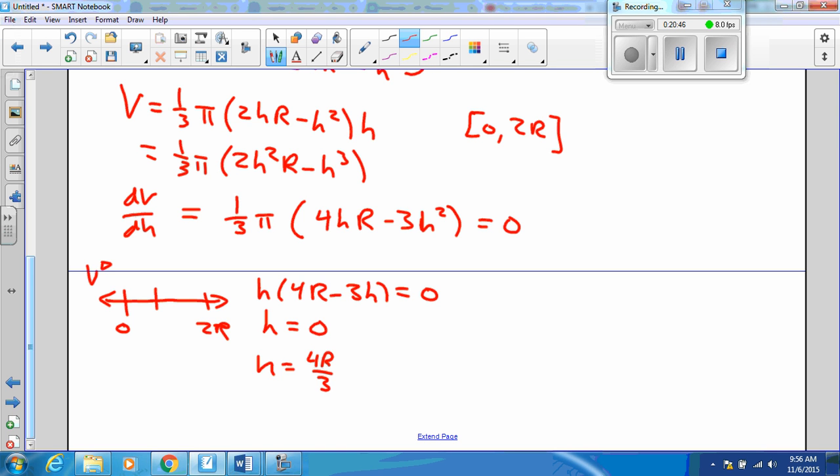So here's my V prime number line now. And I have a single critical point in the interior, which is 4r over 3. Just like that. And now it's fairly simple to check the signs of the derivative on either side. Pick a number between 0 and 4r over 3.